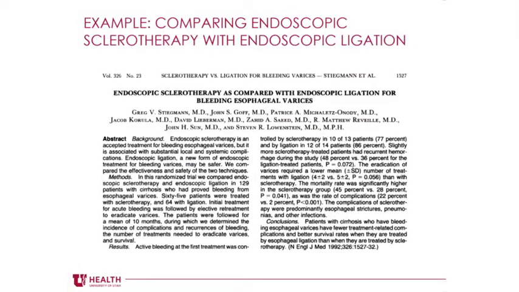Here is one example showing how people usually report the parameters from hypothesis tests. This is a paper from the New England Journal where the authors want to compare two different types of therapy, the endoscopic sclerotherapy with the endoscopic ligation.